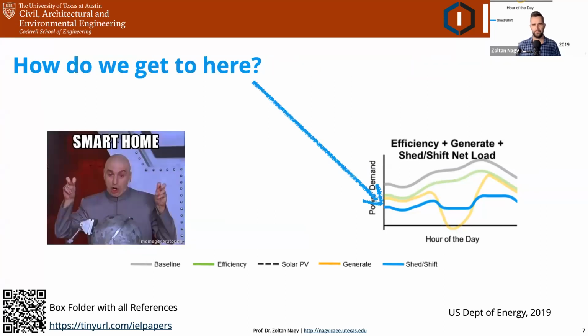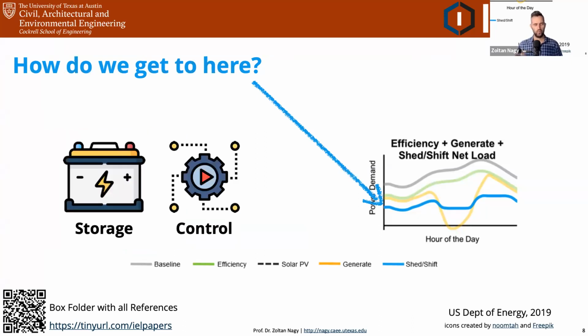So the question is, how do we get into what you could call smart buildings, because they can interact with the grid at the time when it's needed. And so my work has been a lot on combining these two, storage and control. Obviously, if you do have storage, you can use it as a buffer, as short-term storage in buildings. So that's 2, 4, 6, 8 hours, something like that, not 2 weeks.